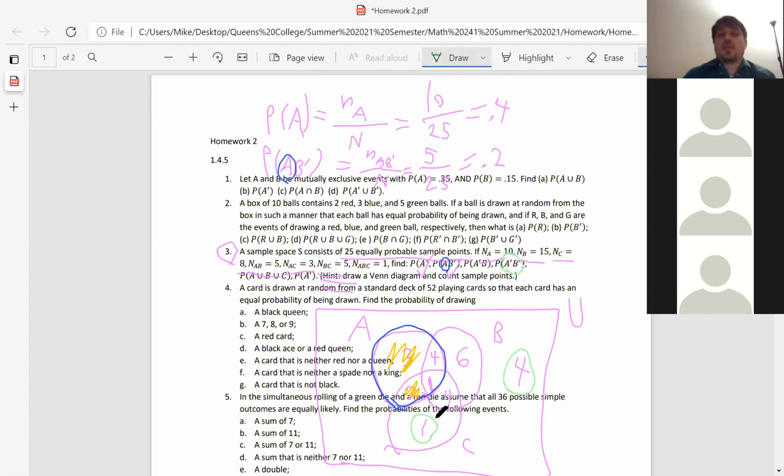Don't forget the 1 is also not in A, not in B. So my first thought was 4 also, but then I thought about it and I realized that if it's not in A and not in B, it could still be in C. So it's 5. So the probability of A prime B prime is 5 over 25. That makes sense? Which is 1/5 or 0.2 as a decimal. Hastine, does that make sense?